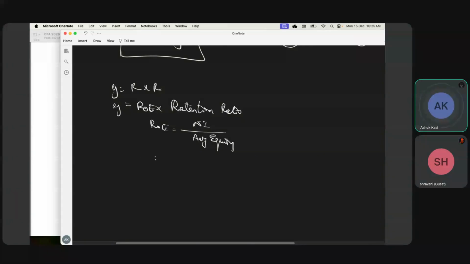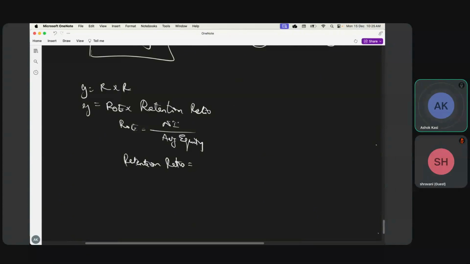And retention ratio is equal to 1 minus dividend payout ratio. Dividend payout ratio is equal to DPS by EPS, dividend per share by earnings per share.